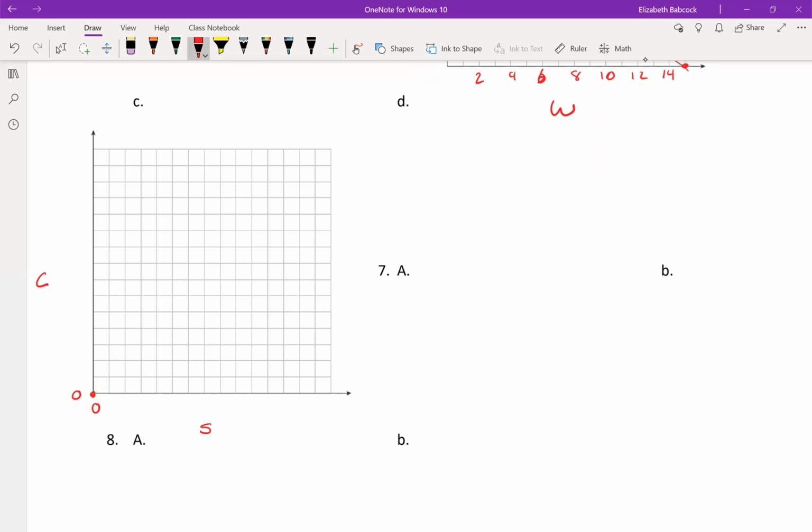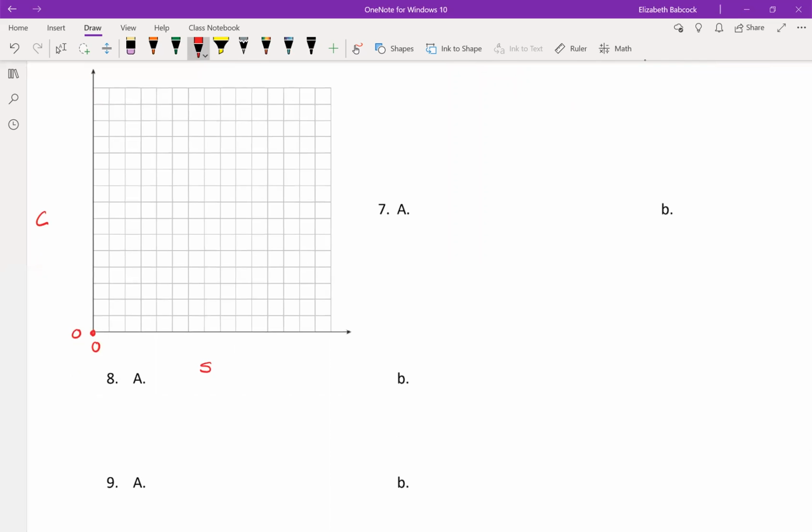Sorry, that won't fit though. 1, 2, 3, 4, 5, 6, 7, 8, 9, 10, 11, 15. We have a scale of 2,000. Doesn't fit all that well. What can we do?